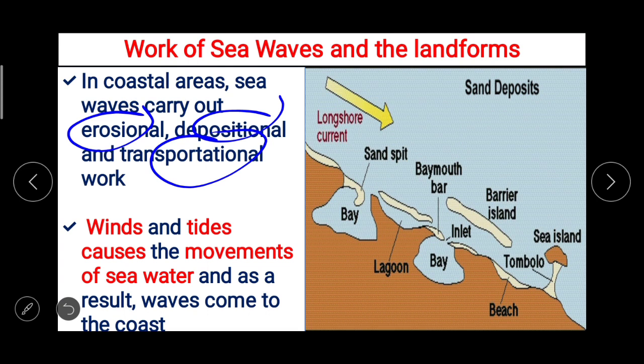Winds and tides cause the movements of seawater, and as a result waves come to the coast. Because of their hitting the rocks at the coast, erosion of the rocks occurs, and in coastal areas having wide beaches, waves carry out depositional work. Now, again if you observe this figure, you can easily understand how it works.